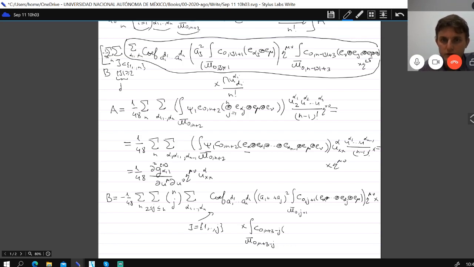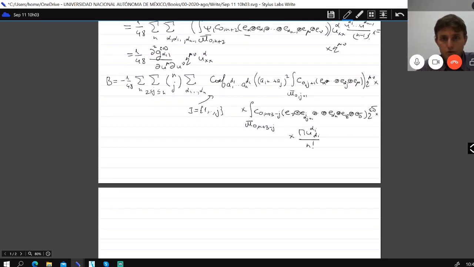Then all this E nu, and then here we have E alpha J plus 1 up to E alpha n, and then also the product of U alpha I di over n factorial.